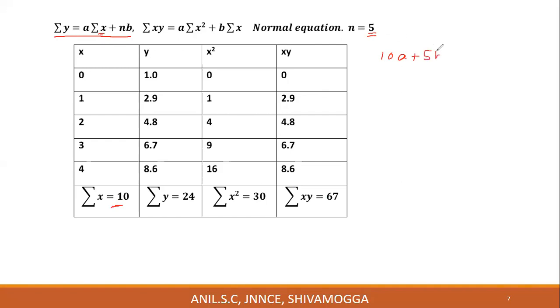Therefore, 5b is equal to summation y, and summation y is 24. Next, second normal equation: a into summation x square, that is 30a, plus b into summation x, that is 10b, is equal to summation xy, 67.